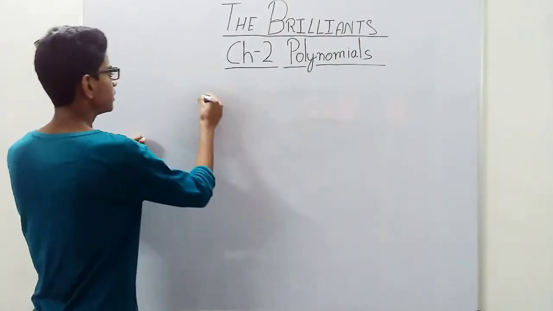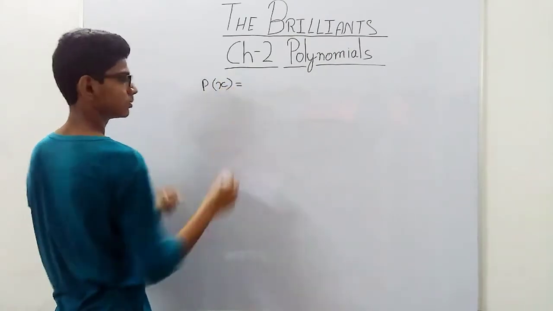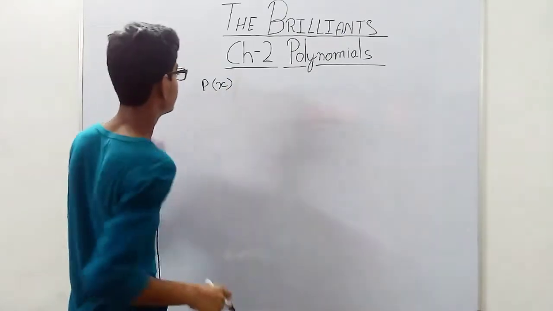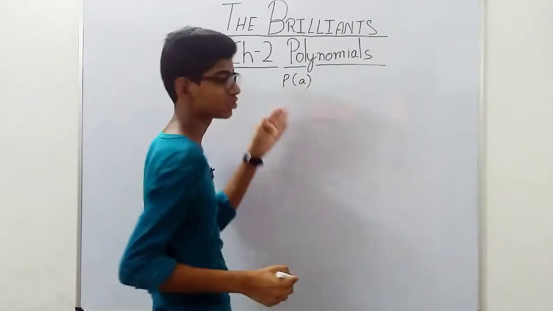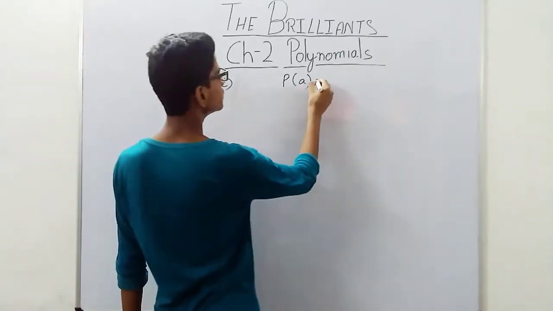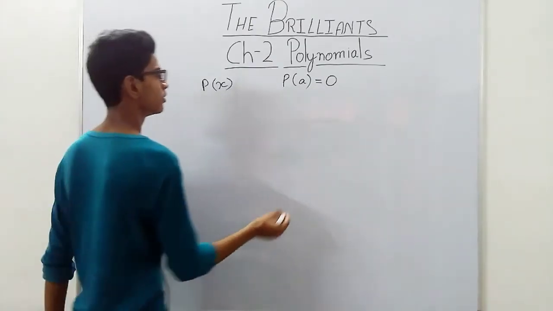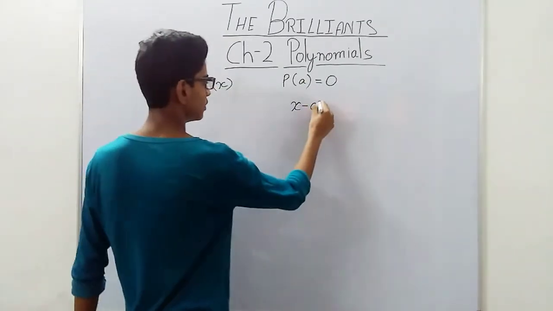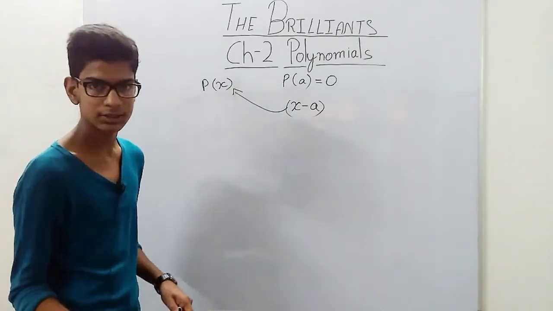In the factor theorem, if p(x) is a polynomial, and x minus a is a divisor of p(x), which is also a polynomial, if p(a) is equal to 0, then x minus a is a factor of p(x), the polynomial.